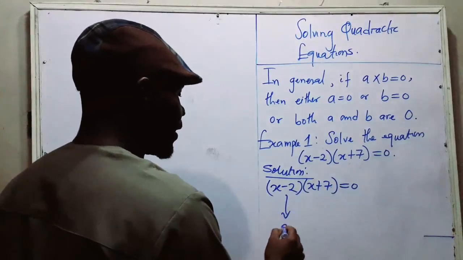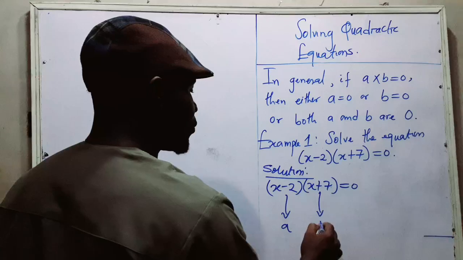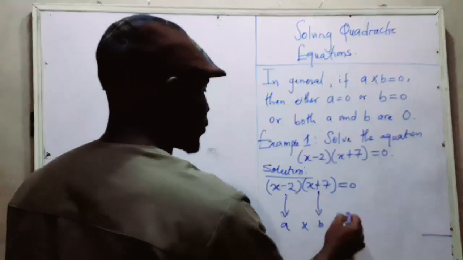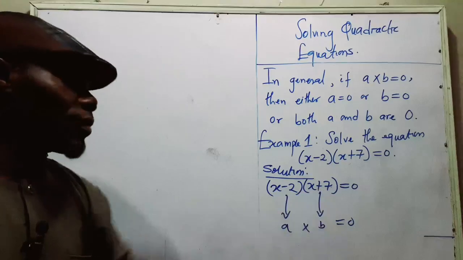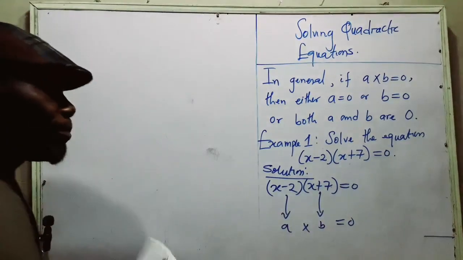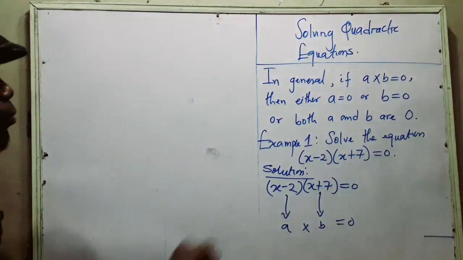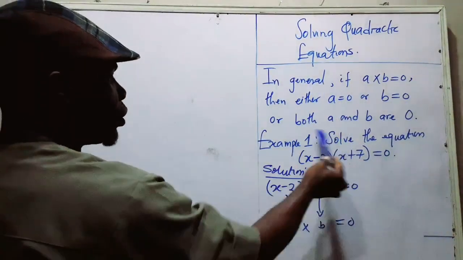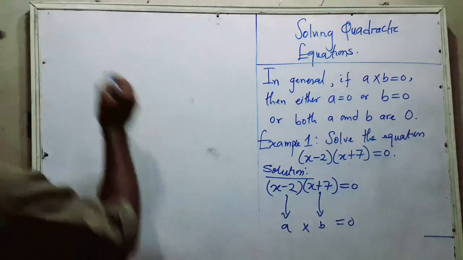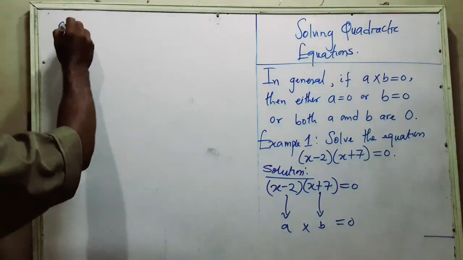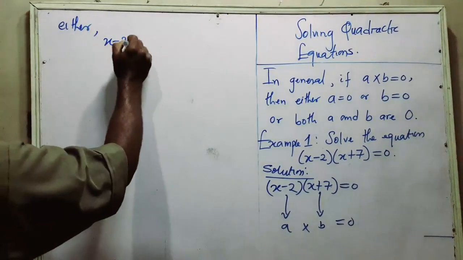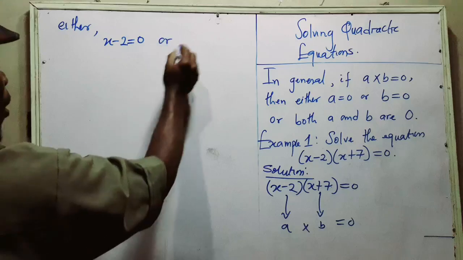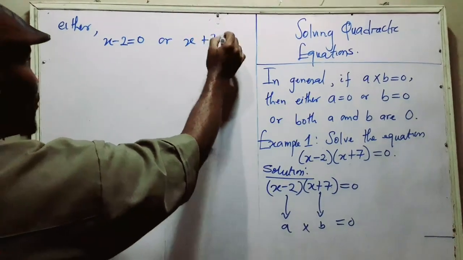This is equivalent to A, this is equivalent to B, multiplying to be equal to 0. As it was explained, it is either A or B that is equal to 0, or both. So with this analogy, it is either x minus 2 is equal to 0, or x plus 7 is equal to 0.